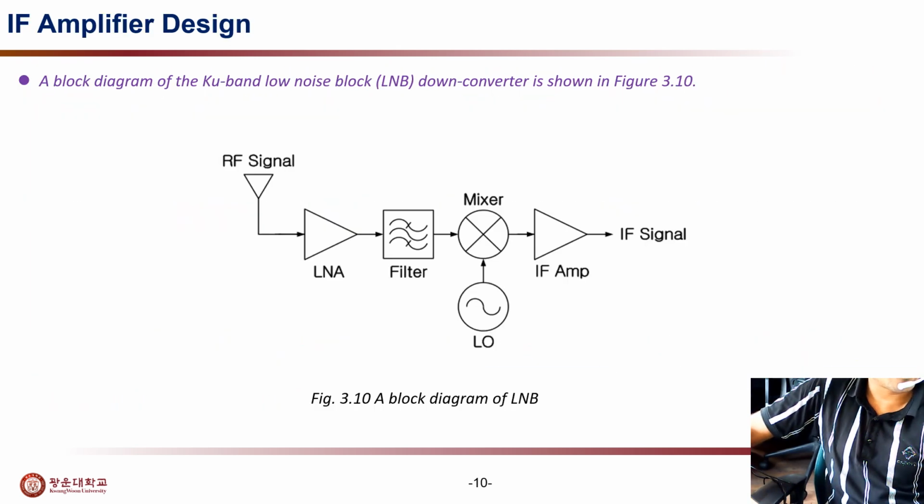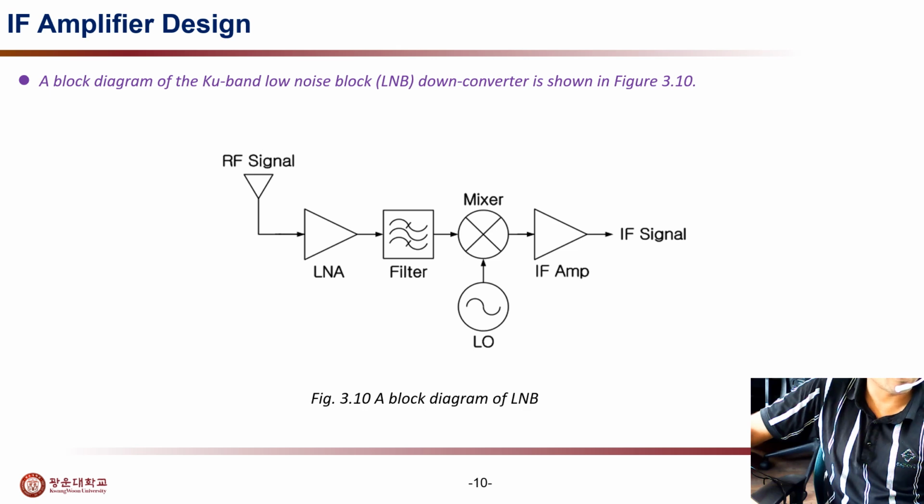This is a block diagram of a Ku band low noise block down converter, denoted by LNB. This converter converts the RF signal into the IF signal. An IF amplifier is used here for amplifying the signal, and there is a filter also.